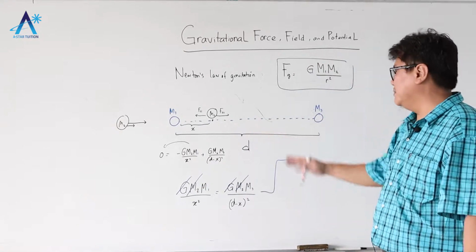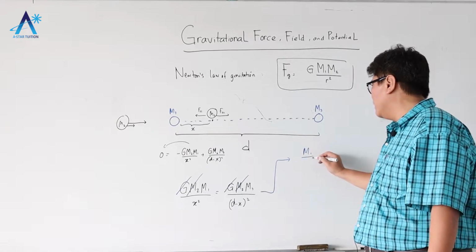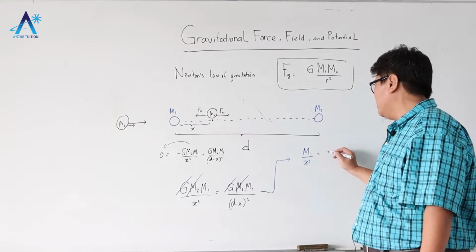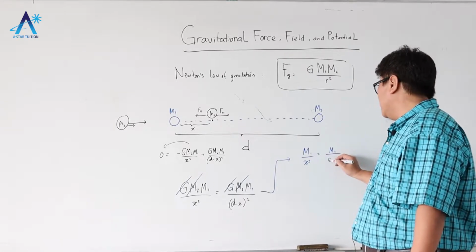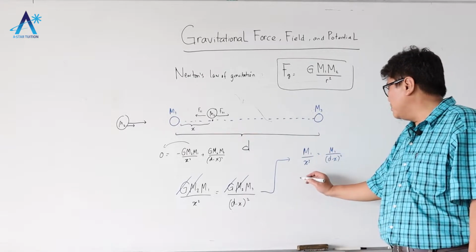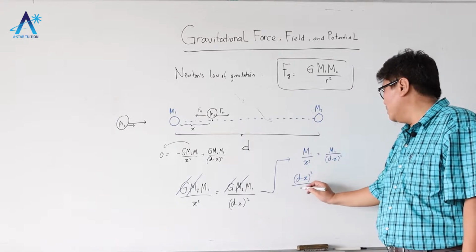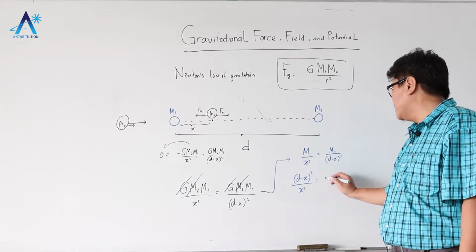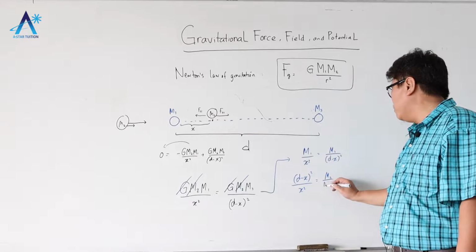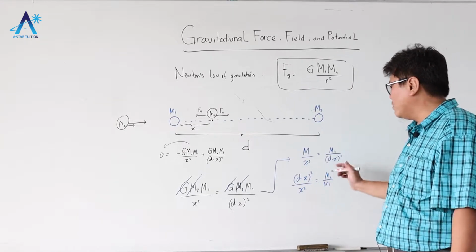What is x in terms of d? So here you have m1 over x squared equal to m3 over (d minus x) squared. Now we cross multiply, and we end up with (d minus x) squared over x squared equal to m3 over m1.